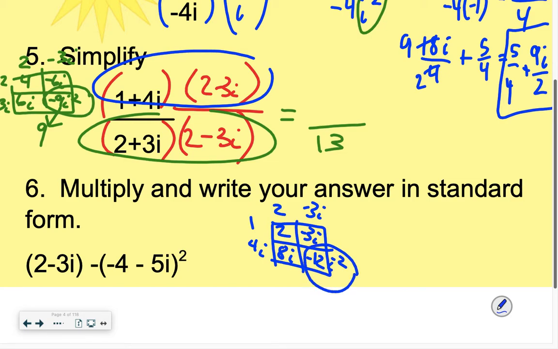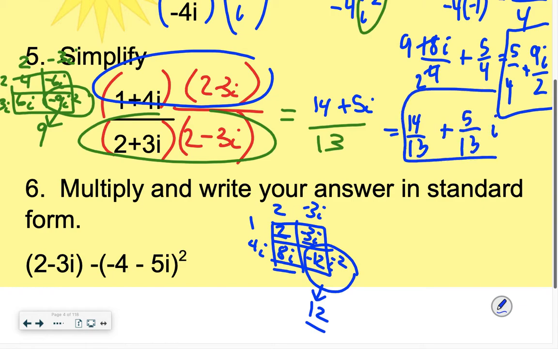And that i squared term is negative 1, so negative 12 times negative 1 is positive 12. So I have 12 plus 2, which is 14, and then 8i and negative 3i is 5i. And just distributing the divide by 13, written in complex number form. Notice I put the 5/13 times i. You could also put the i in the numerator with the 5.